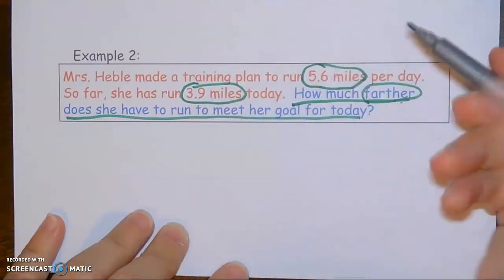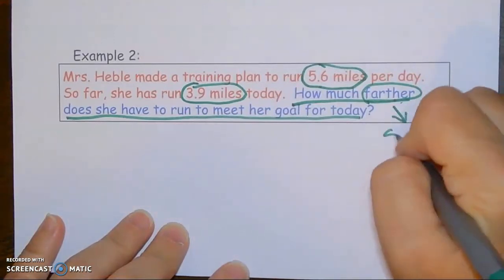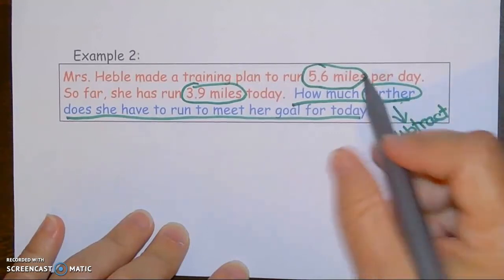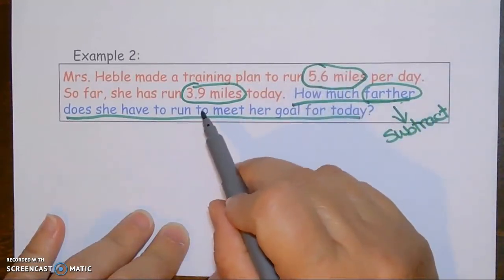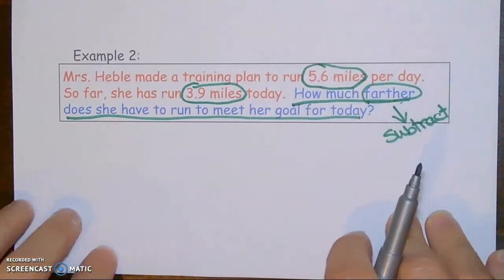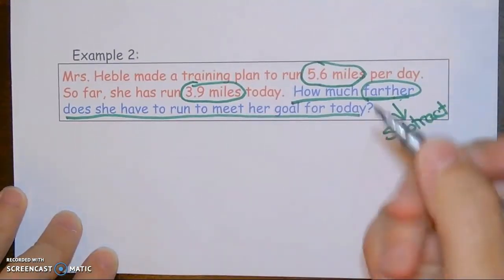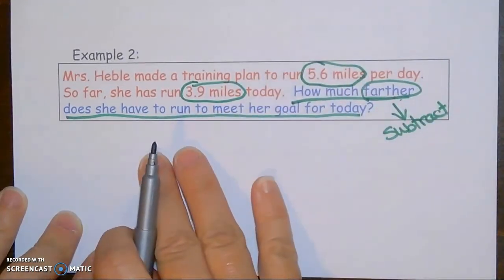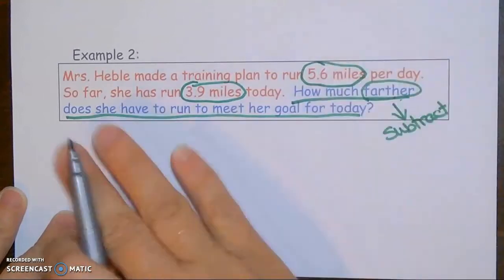And to do that, that's going to tell us we're going to subtract. When we have a whole or a total and we have one part, we are going to subtract to find the other part. So we're going to pull our numbers down into our workspace here.